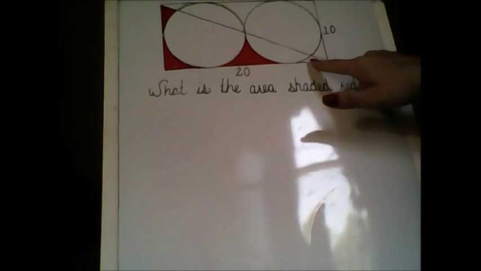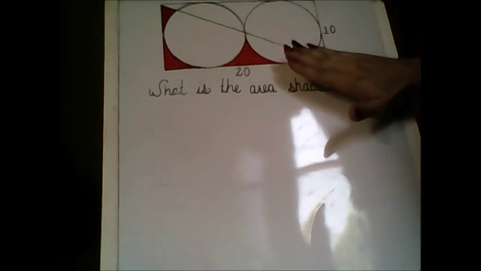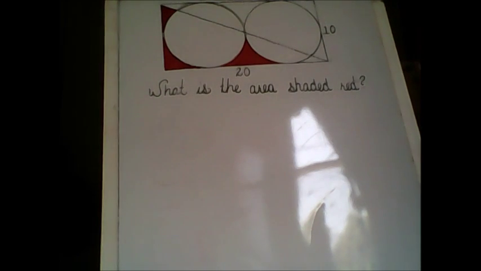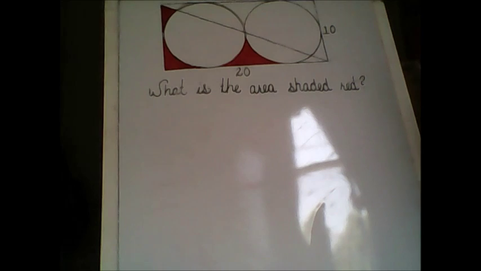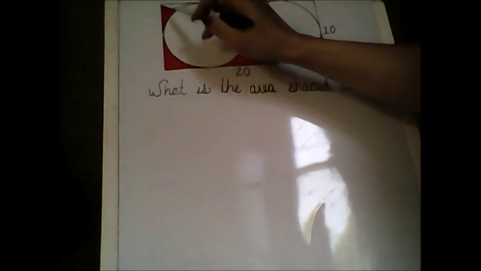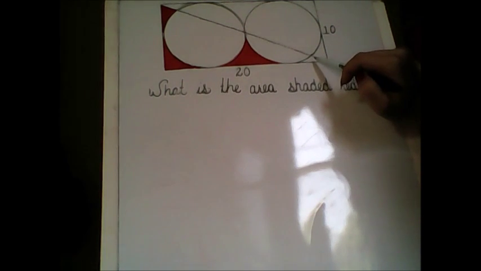However, you don't have this red part here, which would make it easiest if you were to solve for this whole triangle, but this makes it a little harder by taking out this piece here. So let's start by finding the dimensions of the whole triangle that includes these pieces of the circle and this missing piece.